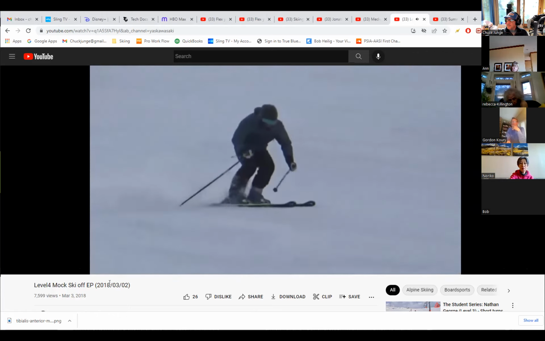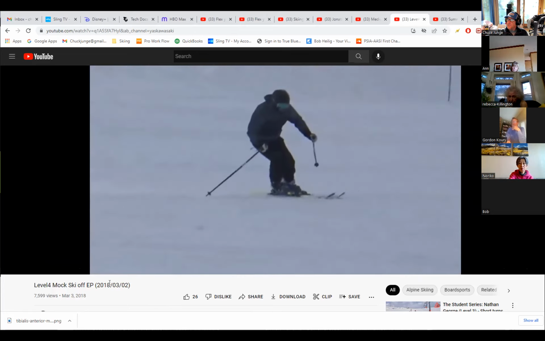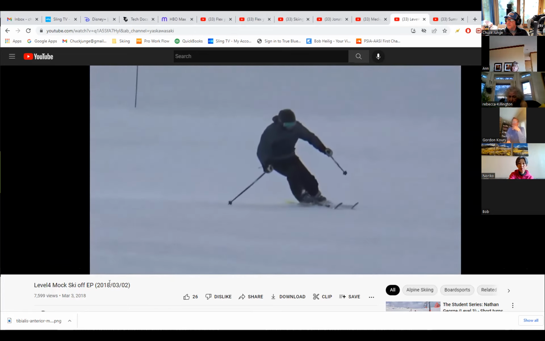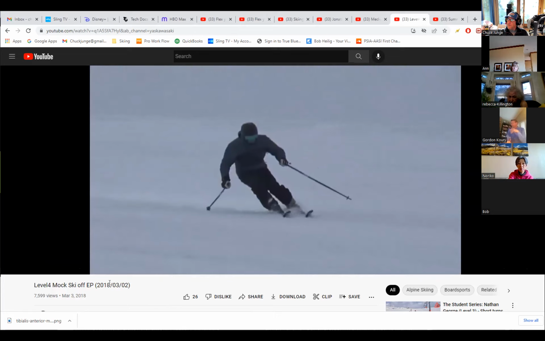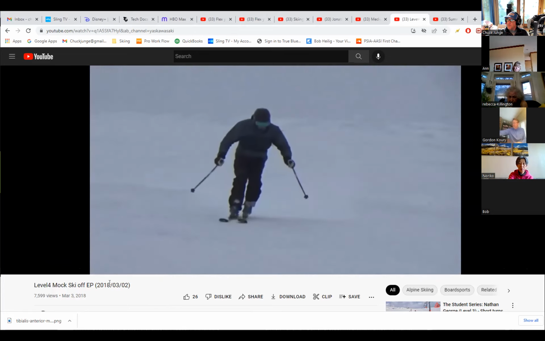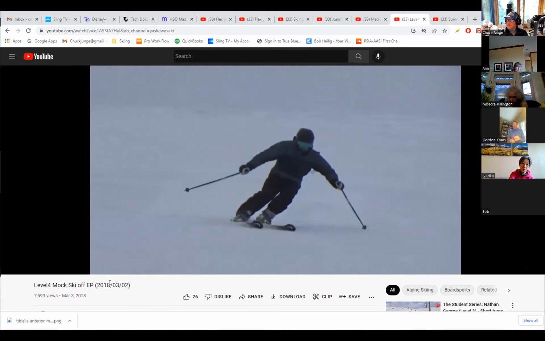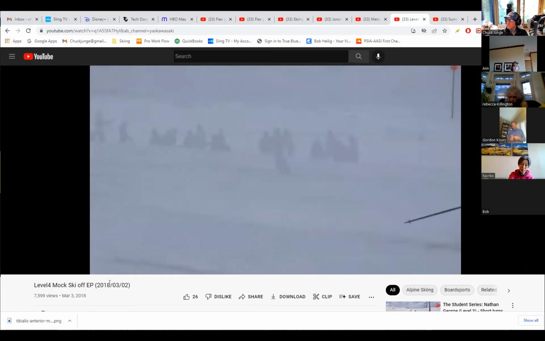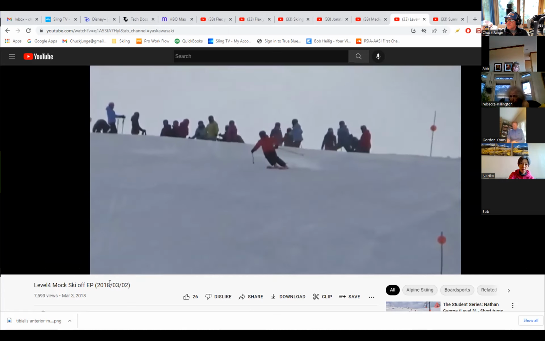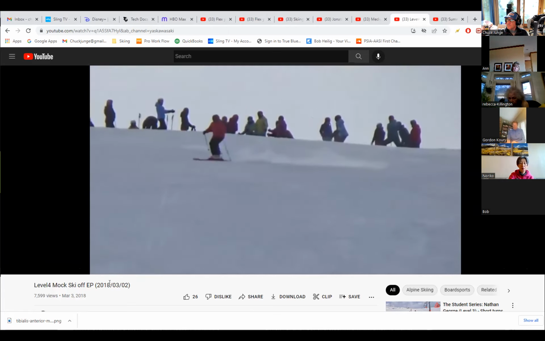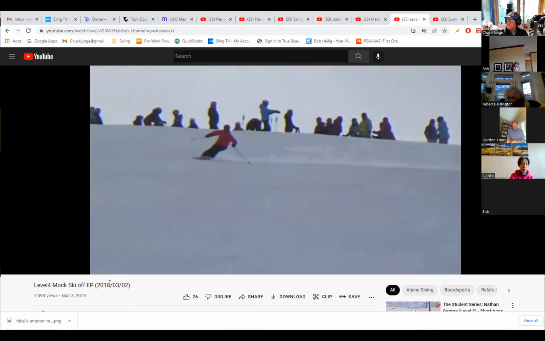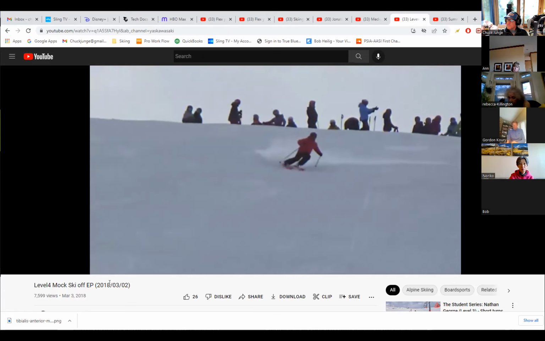And the first thing I noticed is that ankle relationship does not change very much. Very, very minimal as they transition from one turn to the next. So most of the movement really is from the hips, not the knees.